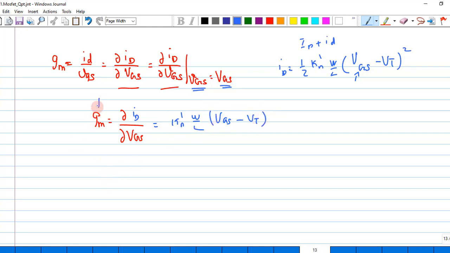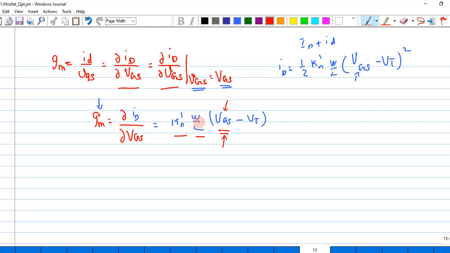Now, you see, I have derived the small signal parameter GM. We know it's a small signal parameter. But when I look at the term used to evaluate that parameter, is this parameter a composite? No. Is this value of VGS a small signal? No. But what is this VGS then?